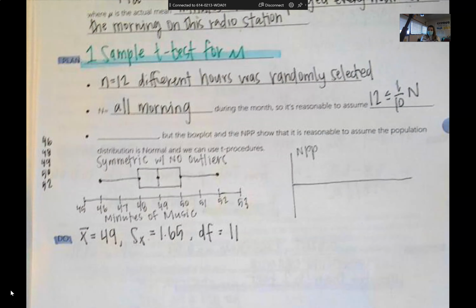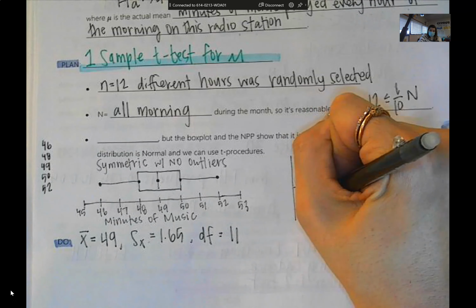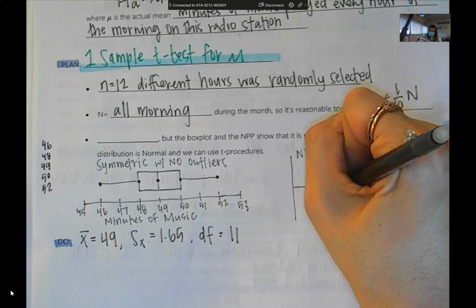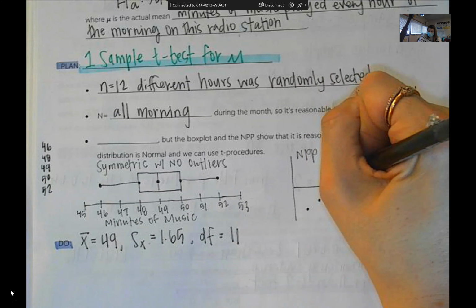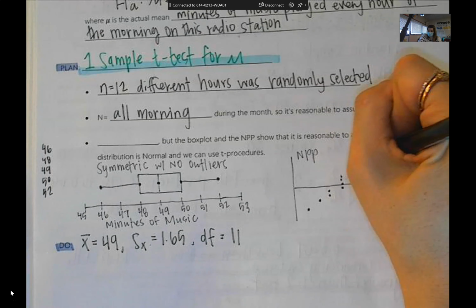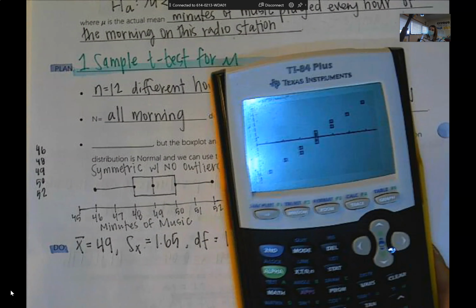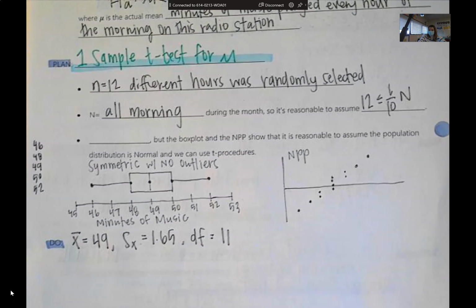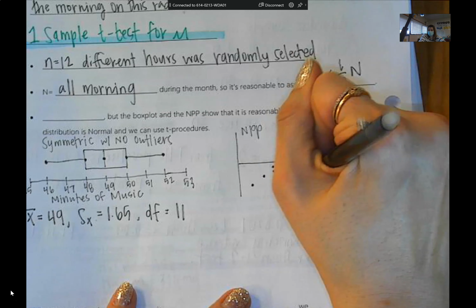And if I wanted to, I would sketch this basically roughly as I see it on my graph. It's not perfect, but it looks similar to what's in my calculator. This definitely has a linear form.